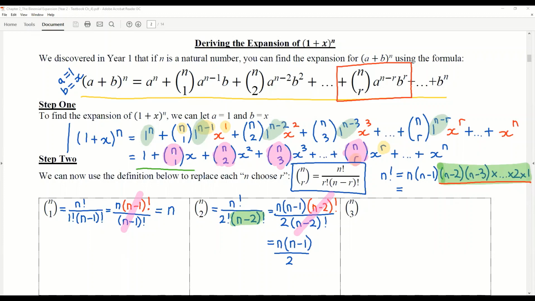Okay, so I'm going to keep that as 2 factorial there. I know it's the same as 2, but you might see why in a second. So that's what n choose 2 is equal to. Again, if you haven't paused the video yet while we're doing this, try n choose 3 using the definition here and see what you get.